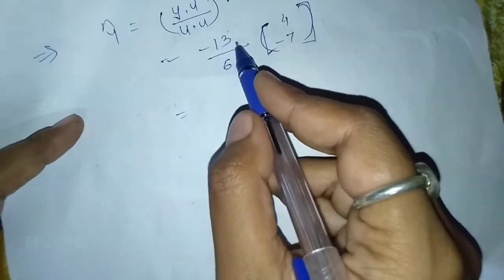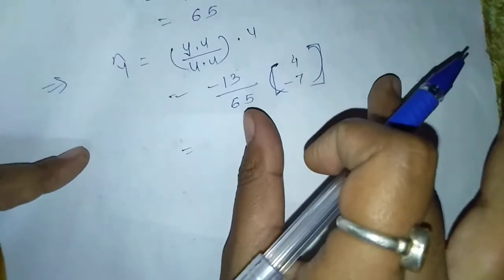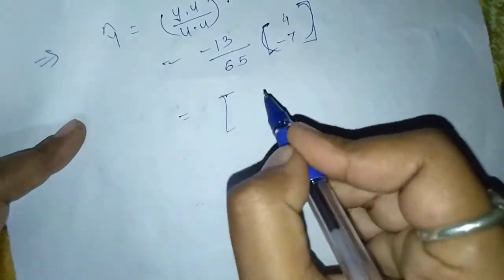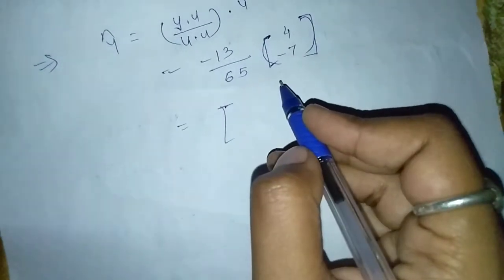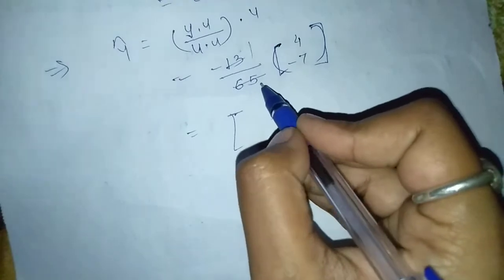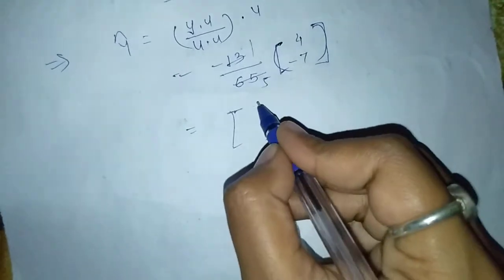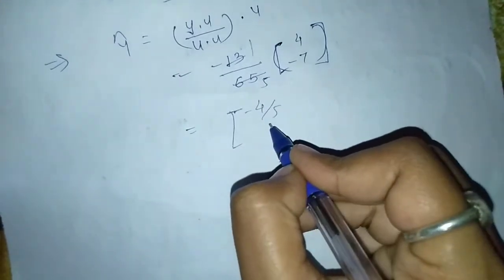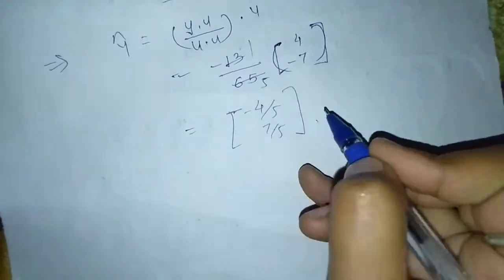So minus 13 upon 65 is multiplied to this matrix. 13 ones are 13, 13 fives are 65, so minus 1 upon 5. So we get minus 4 upon 5 and plus 7 upon 5.